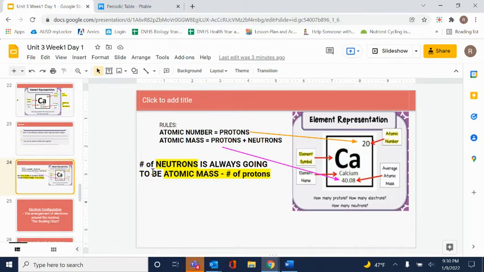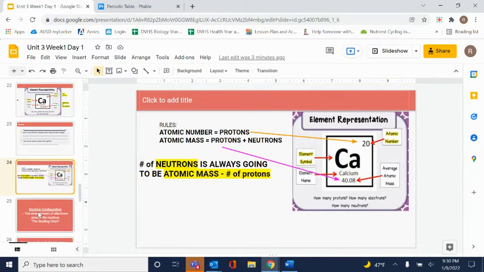The number of neutrons is always going to be the atomic mass minus the number of protons. Okay, so if I have the atomic mass and I have the number of protons here, then I can just go the atomic mass 40.08 minus the number of protons 20 to get the number of neutrons. You can use that formula for any of these.